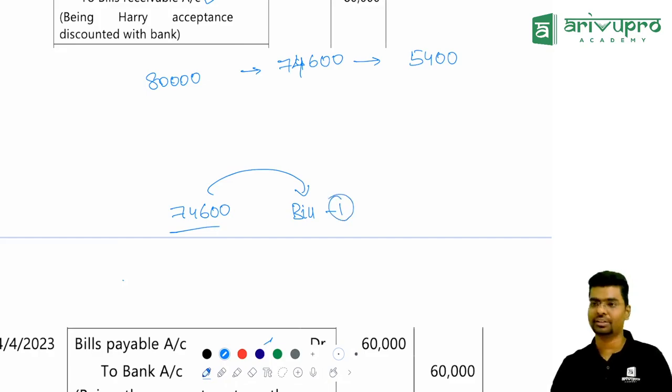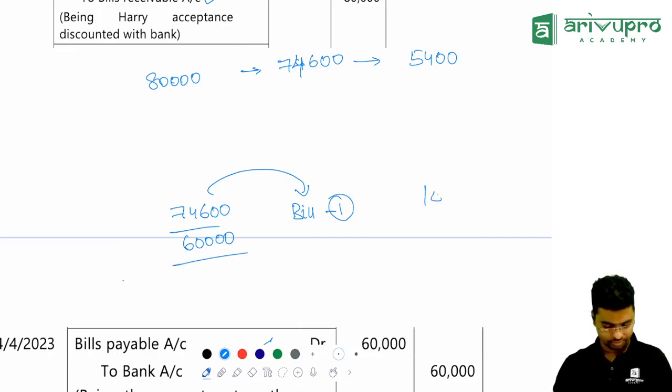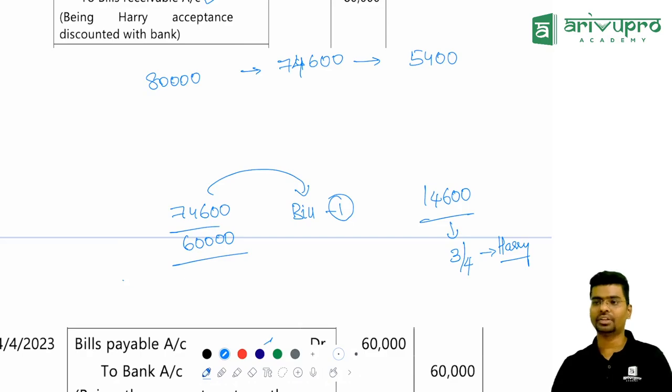I'll pay off the bill 1 amount. What are you left with? 14,600. In that he wants to remit 3/4 to Harry. What is 3/4 of this? 10,950. Understood?